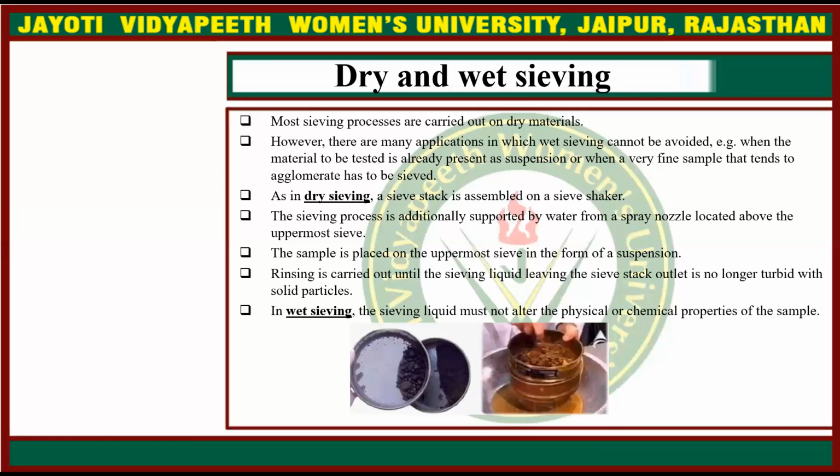The sieving process is additionally supported by water from a spray nozzle located above the uppermost sieve. The sample is placed on the uppermost sieve in the form of suspension. Then rinsing is carried out until the sieving liquid leaving the sieve stack outlet is no longer turbid with solid particles. In wet sieving, the sieving liquid must not alter the physical or chemical properties of the sample.